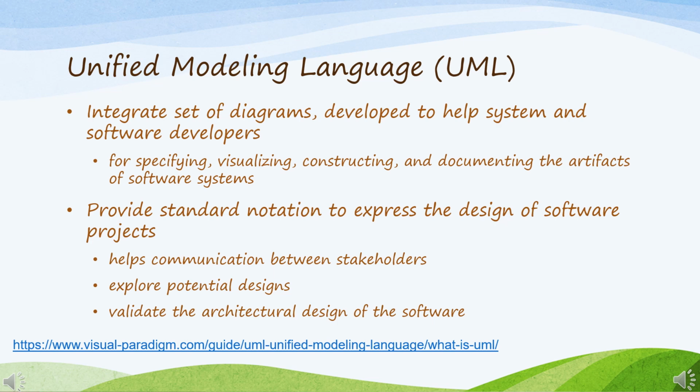The UML uses mostly graphical notation to express the design of the software project. Using the UML helps the project teams to communicate, explore potential designs, and validate the architectural design of the software. Speaking about stakeholders, who are the stakeholders in the software project? The stakeholders are analysts, designers, programmers, software testers, quality assurance engineers, our customer, software requirements engineers, and many more. All these people are interested in different aspects of the system, and each of them requires a different level of detail.